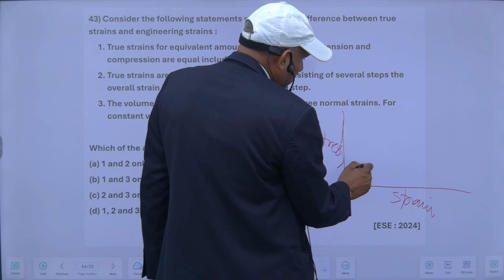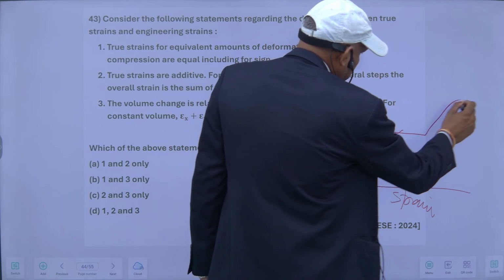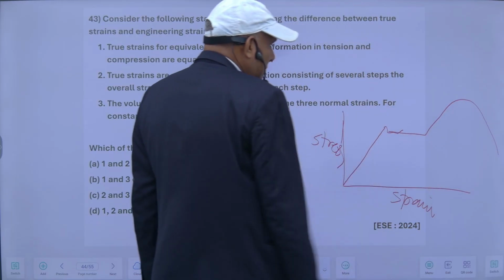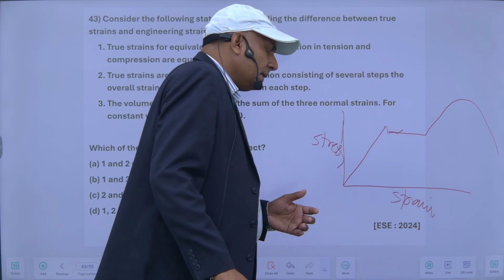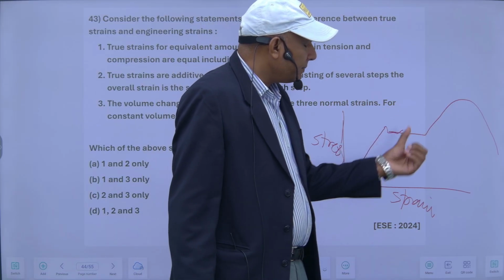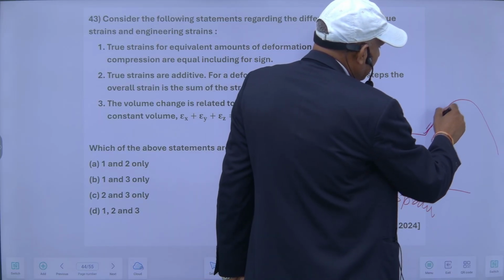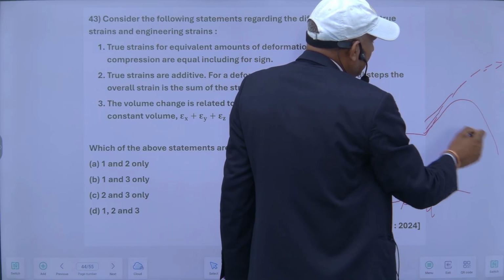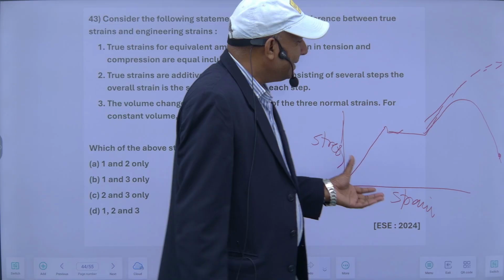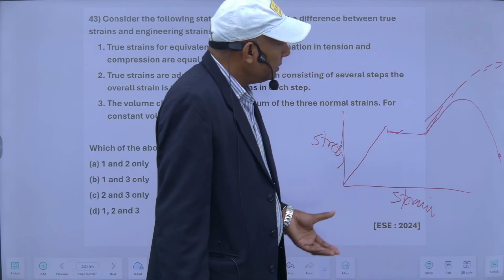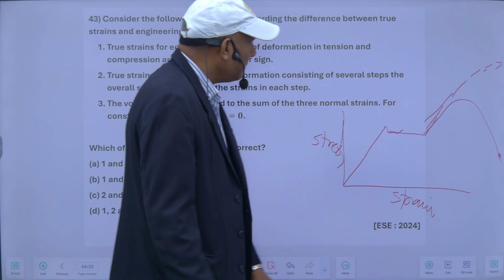If I draw the true stress curve, as I explained earlier, as the necking starts taking place, its area of cross-section will reduce. So it will be like this. This is the true stress strain curve, but we usually consider this one. So this is the engineering stress strain curve, and this is the true stress strain curve.